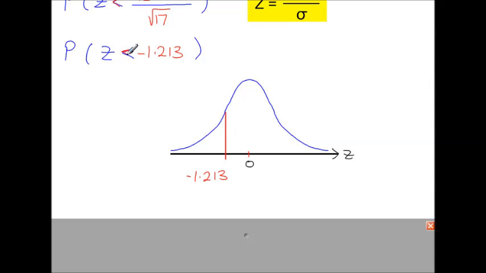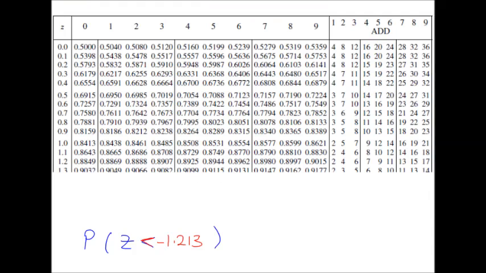It says less than in the question. So we've got this. The z value here is negative, but ignore the sign. Go to the tables and look up 1.213. Okay, ignore that minus. Just look up 1.213 from the probability table.